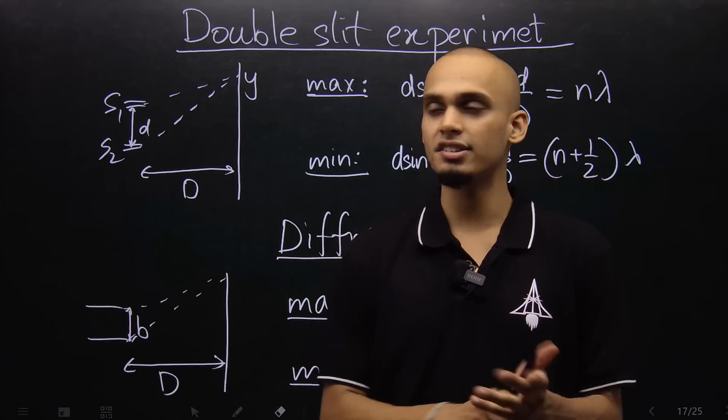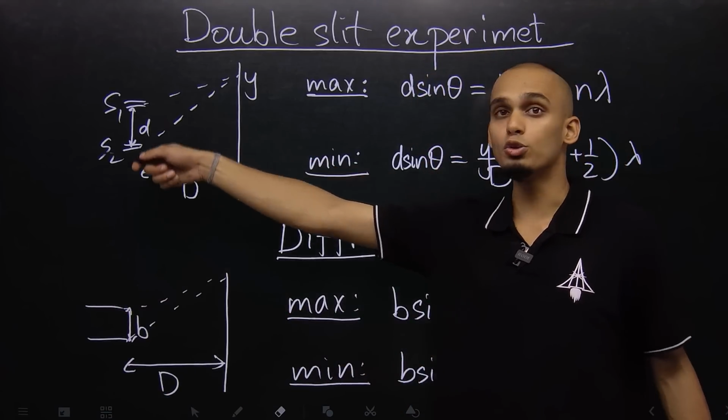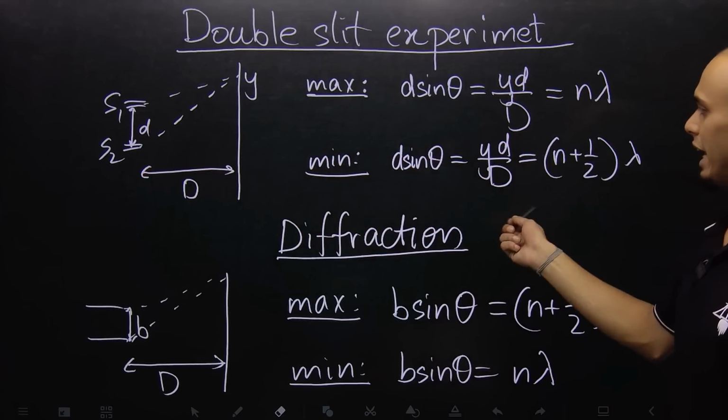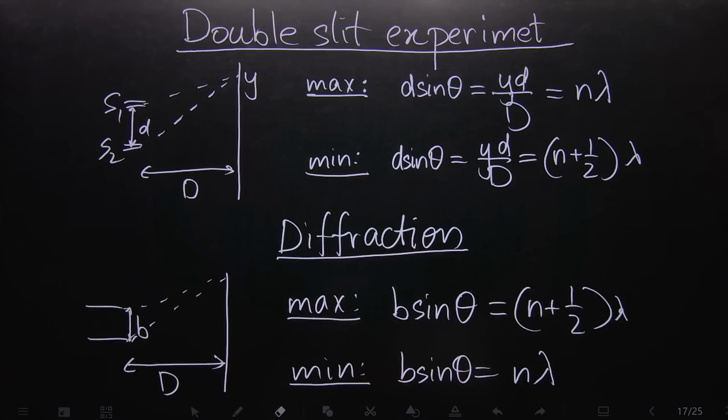In any case, there will be some form of two sources of light, and you will need to calculate the path difference between the two sources, equate it to any multiple of lambda to get constructive interference, or any half multiple of lambda to get destructive interference.